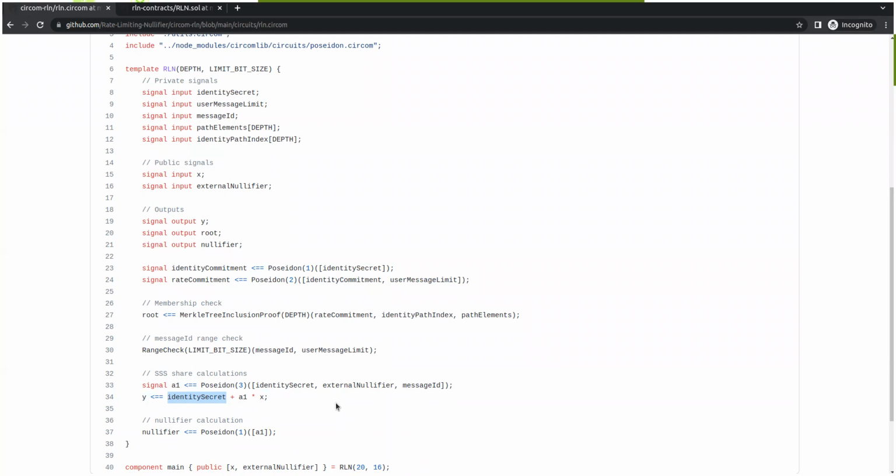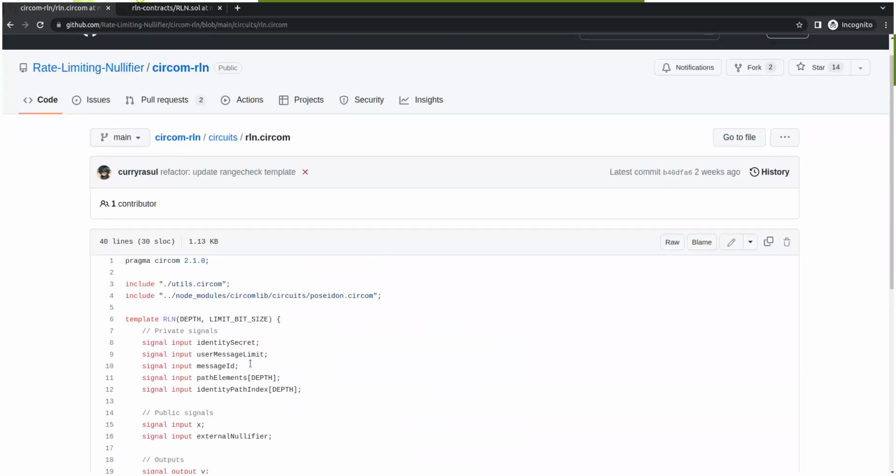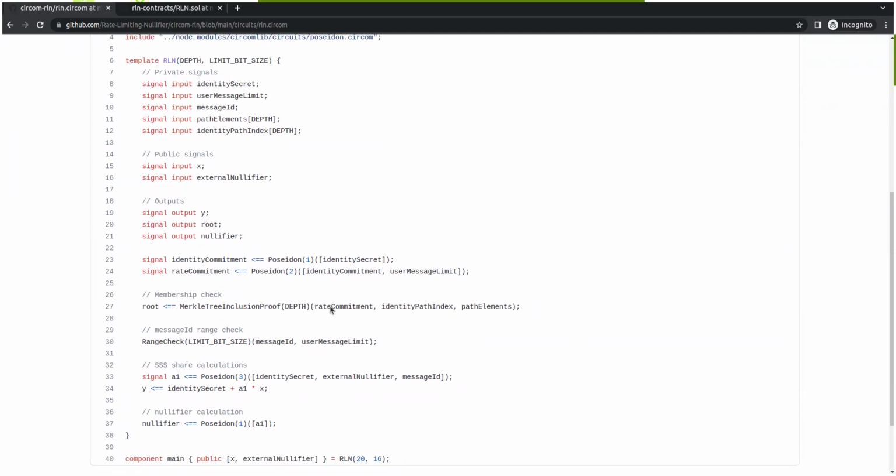In the general case, for a degree k polynomial, you need k plus 1 points, or k plus 1 shares. So we thought that if we need a higher message limit, then we need a higher degree polynomial, to have more shares to recover the secret. This was in V1.